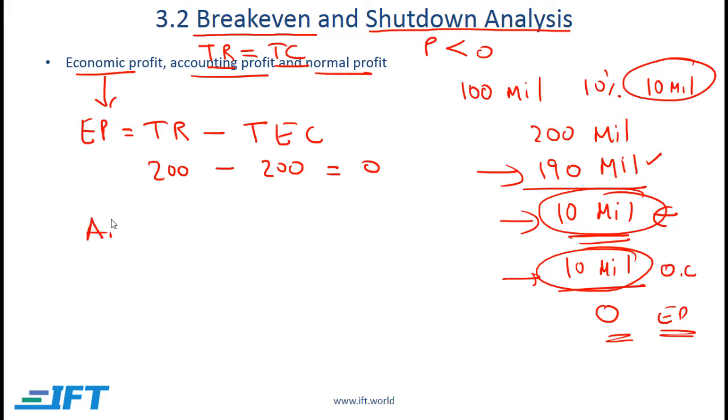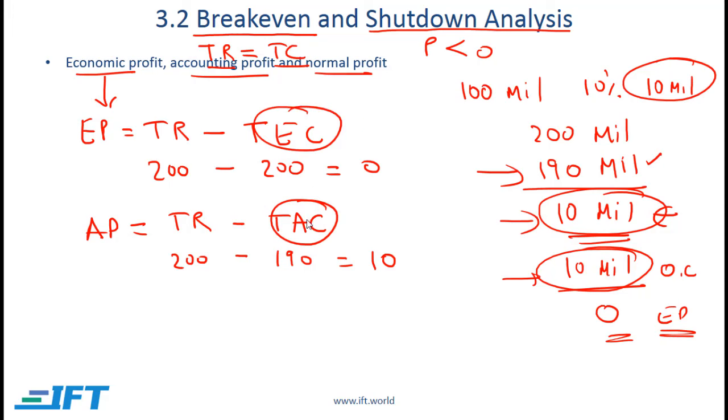The accounting profit is equal to total revenue minus the total accounting cost, and in our case the total revenue again was 200, the total accounting cost was 190, so our accounting profit was 10 million. So notice that the distinction between accounting cost and economic cost is that the economic cost includes the opportunity cost.